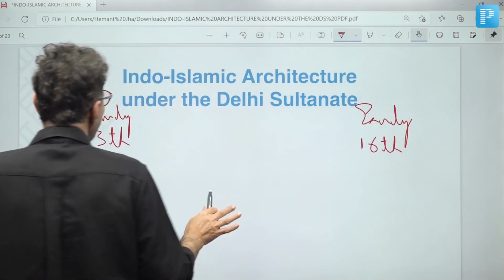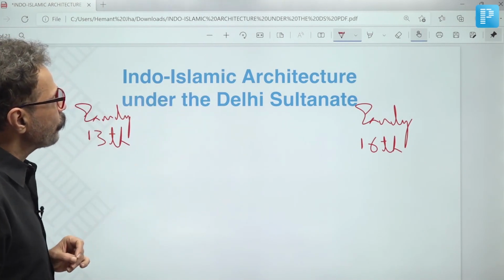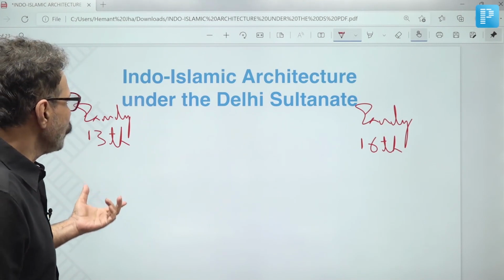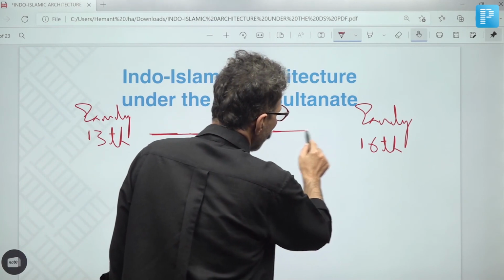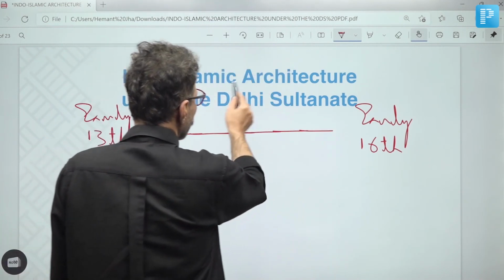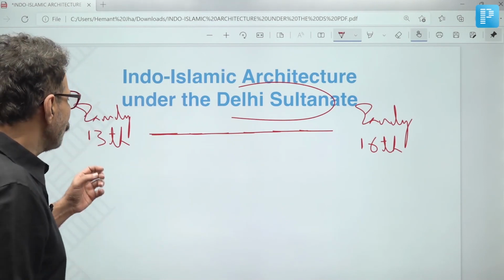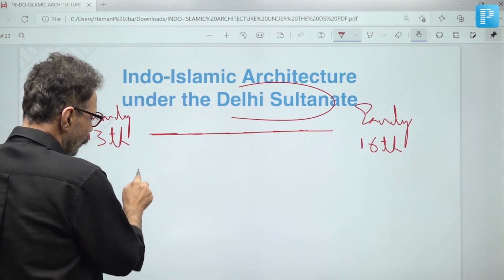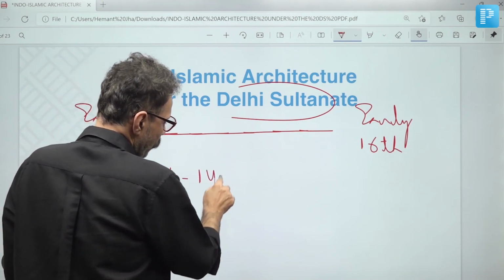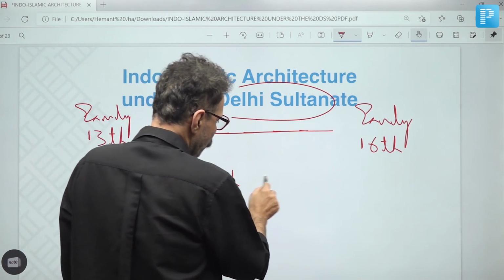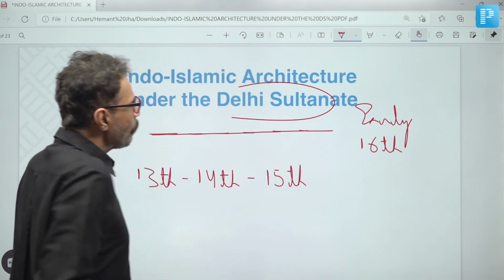So here, the development of Indo-Islamic architecture refers to development during this period under the Sultanate of Delhi. So this is the development of 13th, 14th and 15th century mainly.